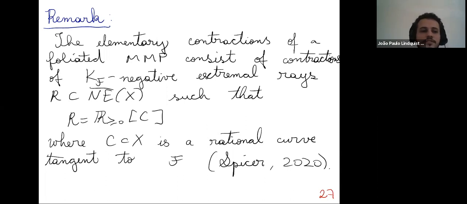For foliations, this is true as well. These extremal rays are generated by rational curves, and these rational curves are moreover tangent to the foliation. In other words, they are contained in leaves of the foliation.